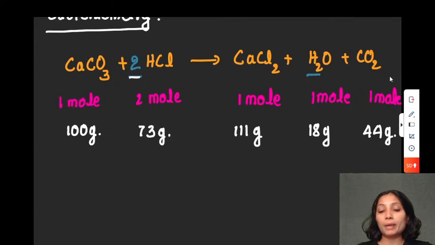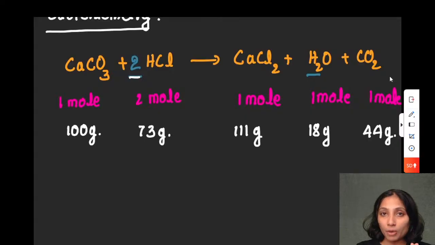And always remember, whenever I take 100 gram of calcium carbonate, it requires how many grams of HCl? 73 grams of HCl. If I have 72 grams of HCl, the reaction will not complete. The required amount of product formation will not take place. Less product will be formed because HCl is present in less quantity.